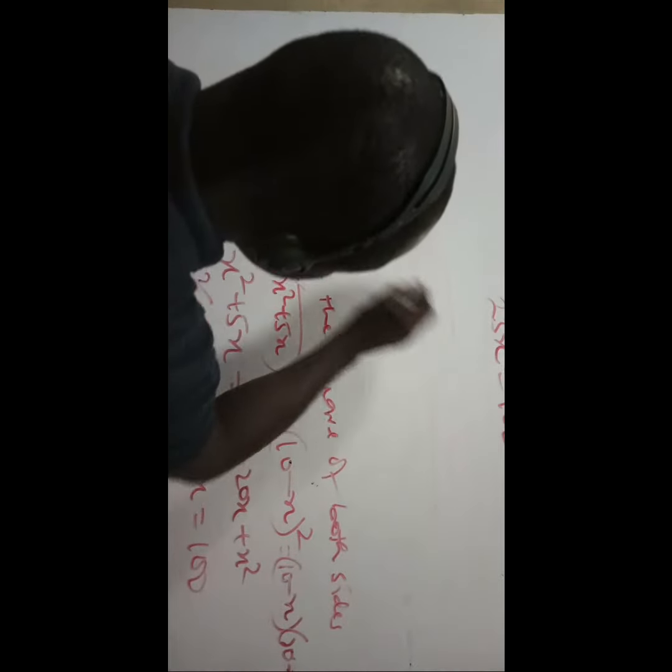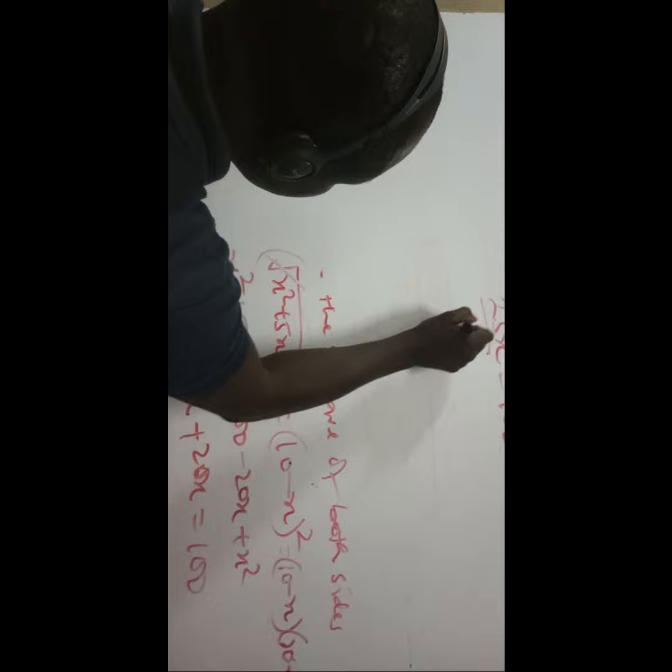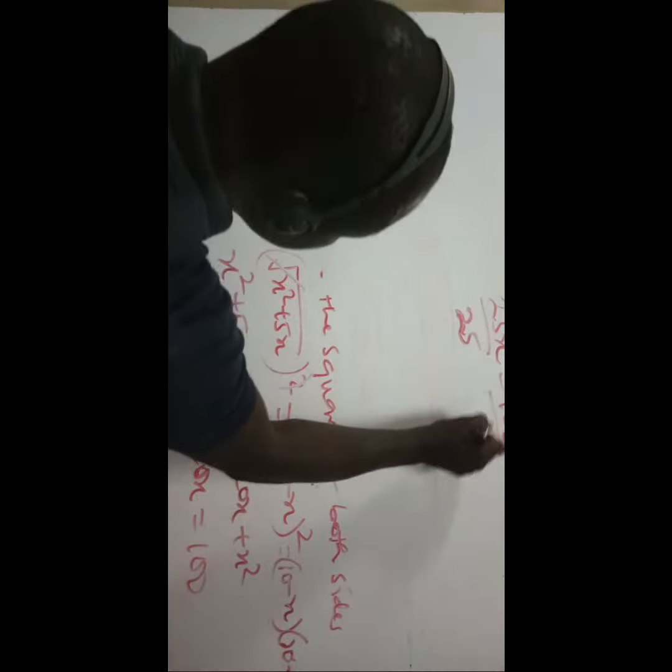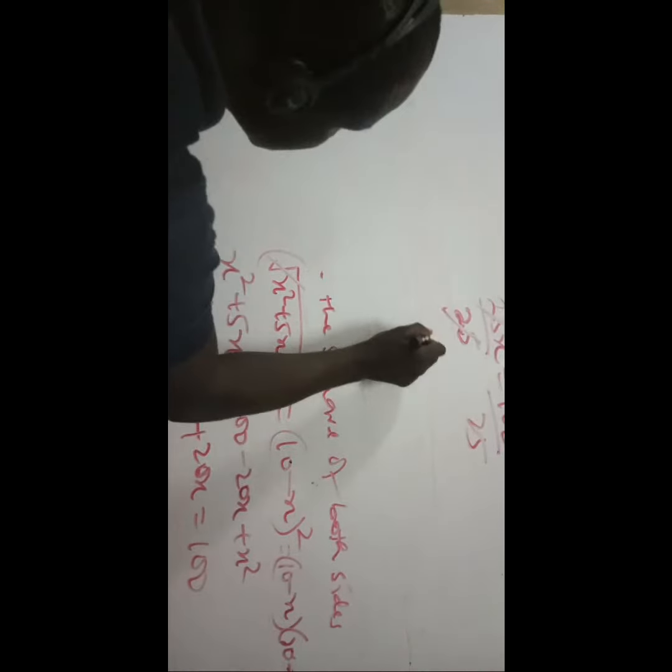So we are going to get just one value for x. 25 divided by 25, this will cancel this. Then I have x is equal to 4. So what we have here is that x is equal to 4. x has only one value.